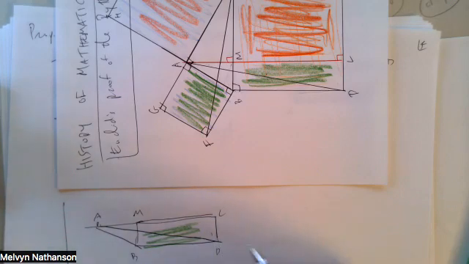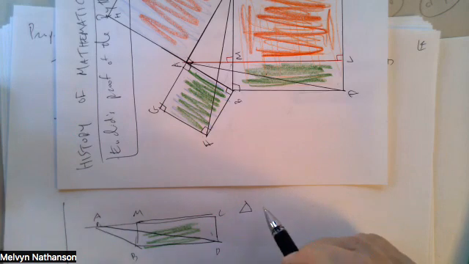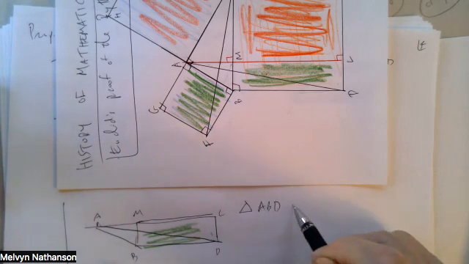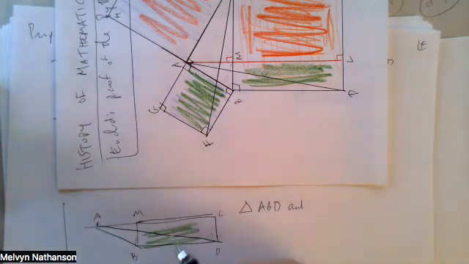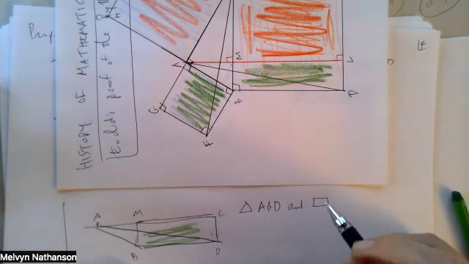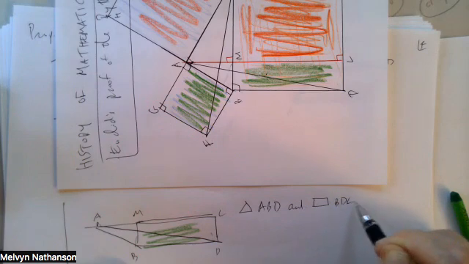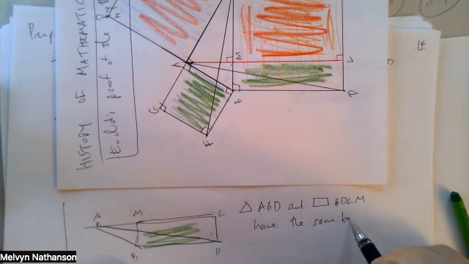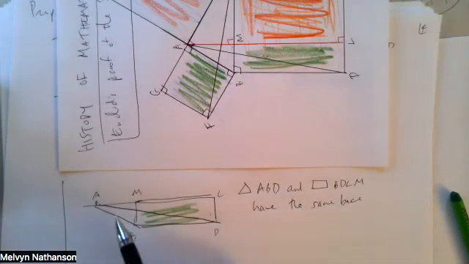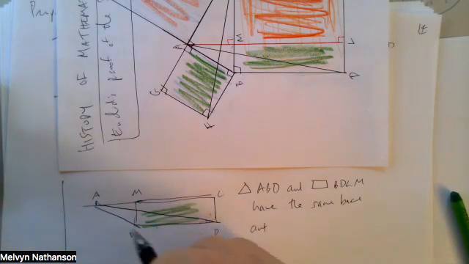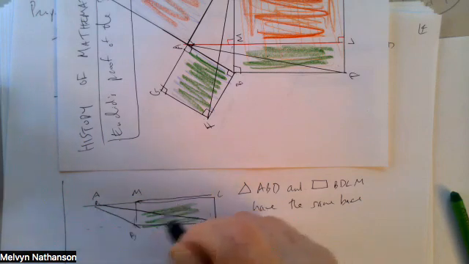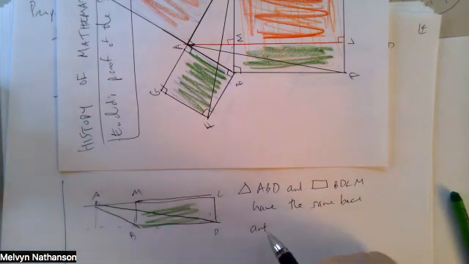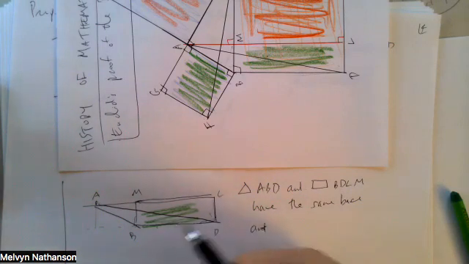So if you look at this picture, the triangle ABD and the rectangle BDLM have the same base. The base of the triangle and the base of the rectangle are both this line BD. And the height of the triangle and the height of the rectangle are the same.